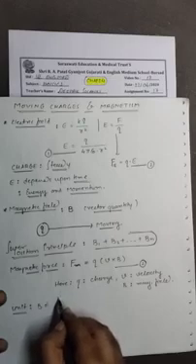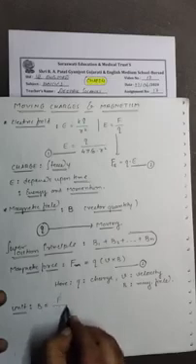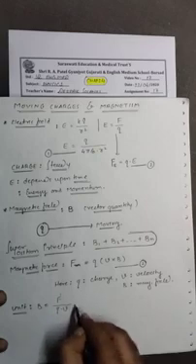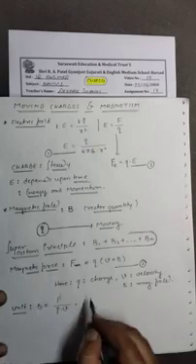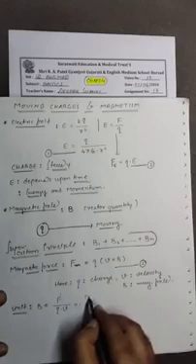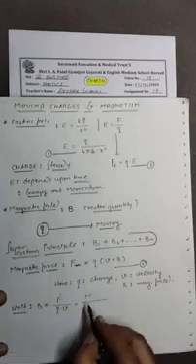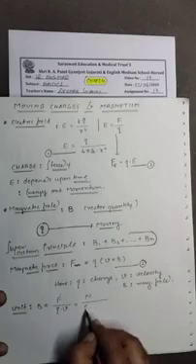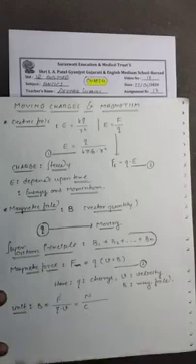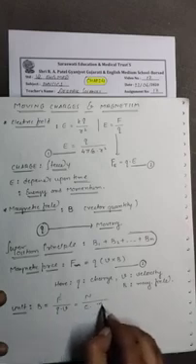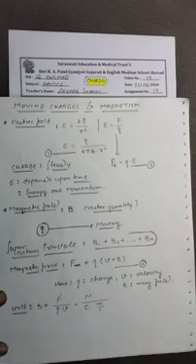B is equal to F, take Q downside, and V, so F divided by Q multiplied by V. F, obviously it is a force, so it is Newton. Q, electric charge, was invented by Coulomb, so its unit is Coulomb. And velocity, meter per second.